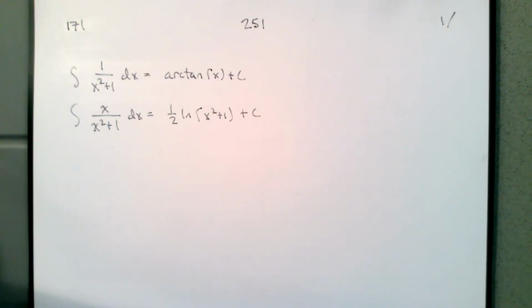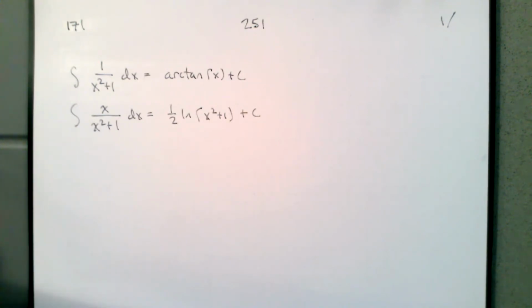If the degree of the numerator is greater than or equal to 2, then we're going to use long division to break off a polynomial and a fraction where the degree of the numerator is less than 2.